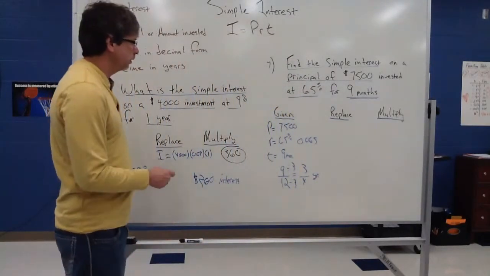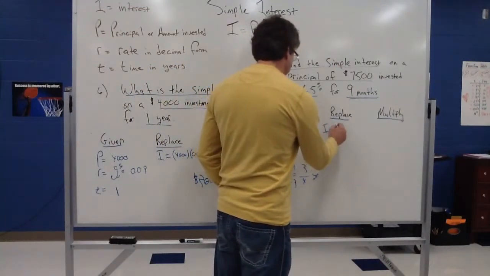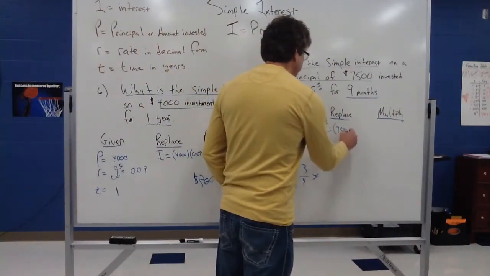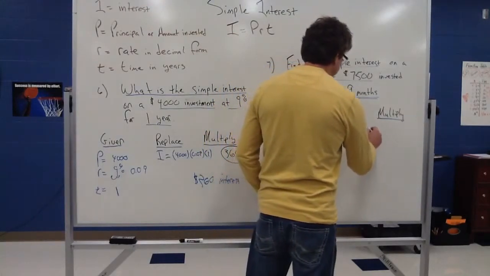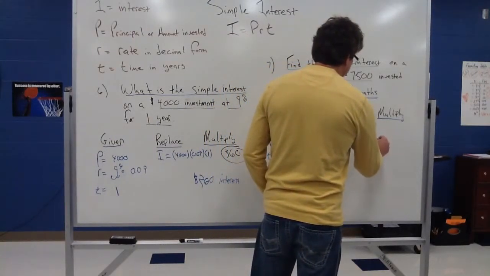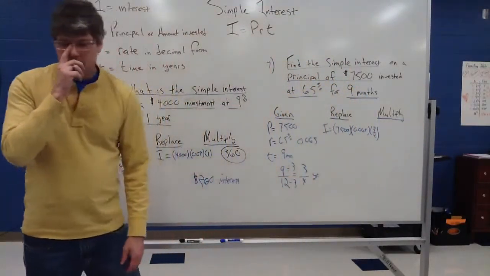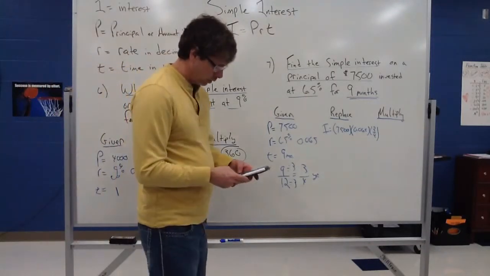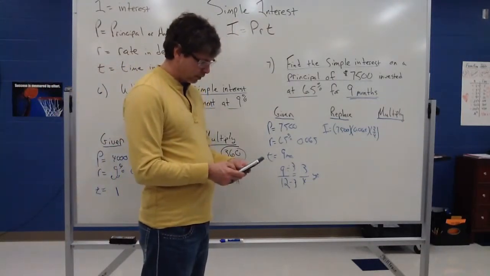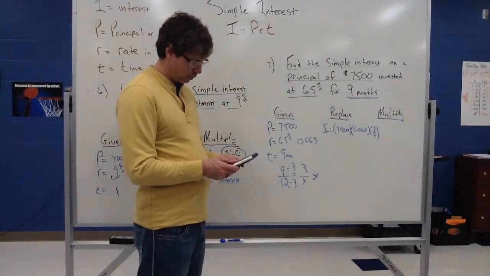So now I'm ready to replace. The interest is going to equal 7,500 times 0.065 times 3/4. Again, we'll just let the calculator do the number crunching for us. So 7,500 times 0.065 times 3/4.